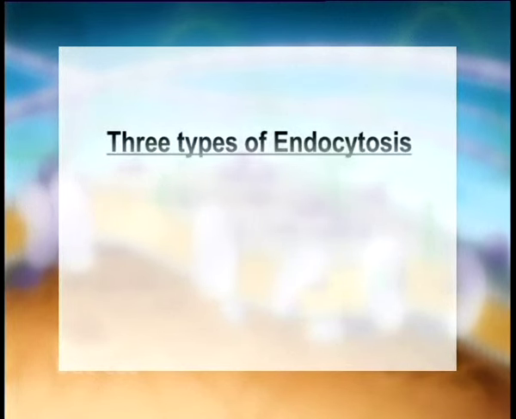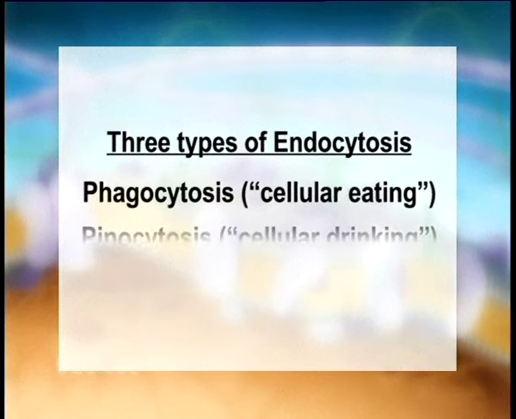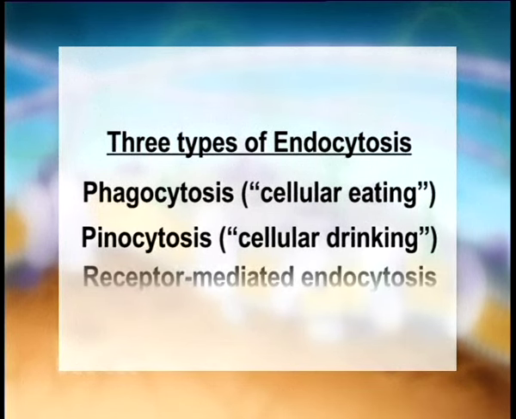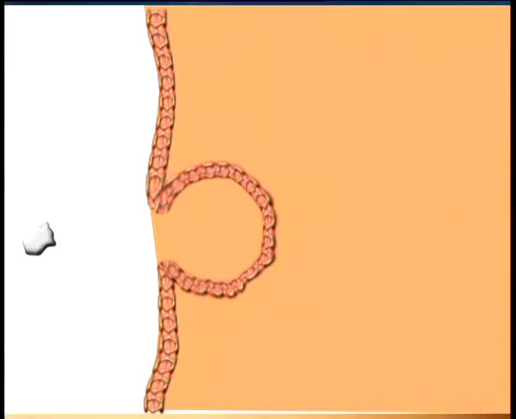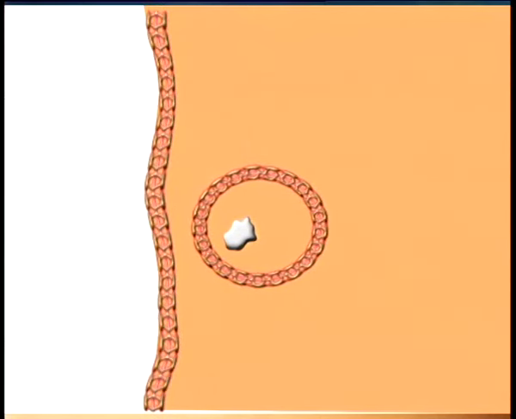There are three types of endocytosis. One, the phagocytosis, commonly known as cellular eating. Second, pinocytosis, commonly known as cellular drinking, and the last is the receptor mediated endocytosis. In phagocytosis, a cell engulfs a particle into the vacuole and the vacuole fuses with the lysosome to digest it.